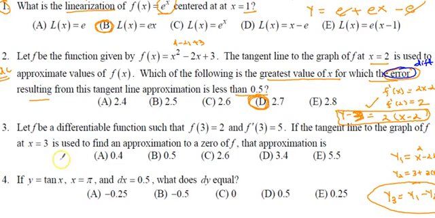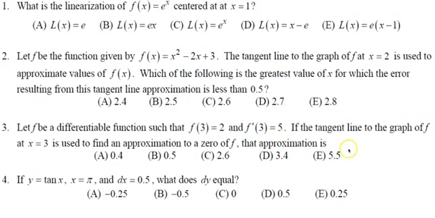Number 3 is f of 3 is equal to 2, f prime of 3 is 5. Oh, this is a no-nonsense, straightforward question. Let me erase all this. The tangent line is y minus 2 equals 5 times x minus 3. Use this.